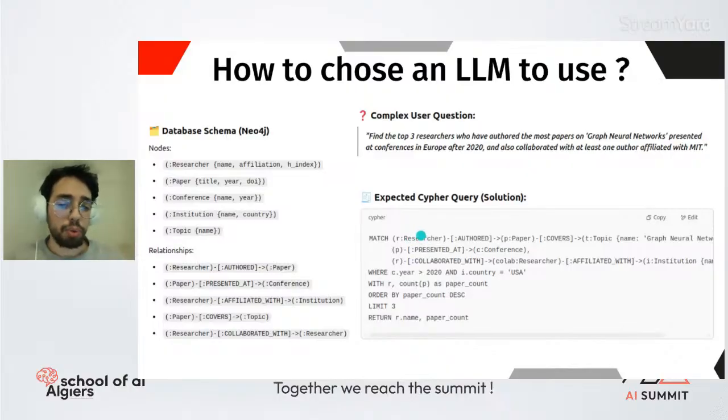Cypher is the language we use to communicate with a Neo4j database, and it is really like SQL queries. You can see here match, and this is a node, a relation, and so on, topic, and we want to see this. So this is thoughtful text generation. If we want an LLM to generate a Cypher query, this is a good use case for an LLM. The LLM will understand this database. I need to have an institution. The institution has a name.